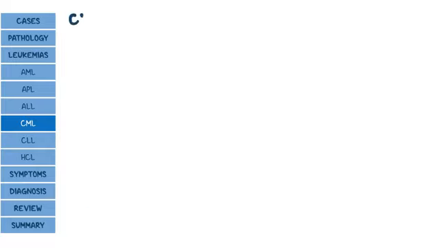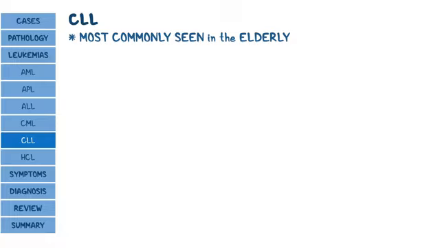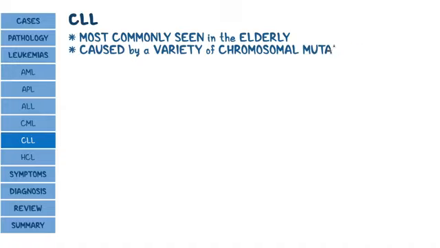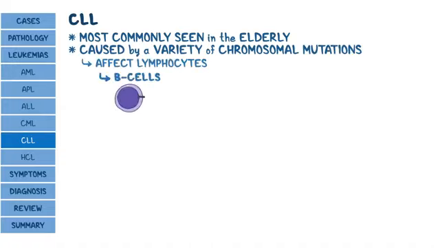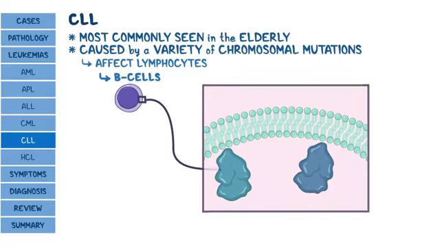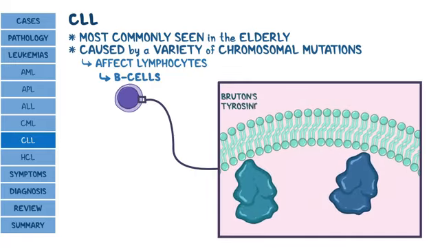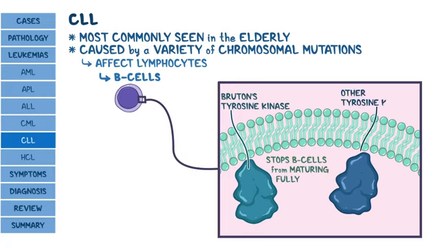On the other hand, CLL, which is most commonly seen in the elderly, is not caused by one particular mutation, but it can result from a variety of chromosomal mutations that affect lymphocytes, in particular B cells. Mutations in the genes that code for Bruton's tyrosine kinase, for example, is probably what stops B cells from maturing fully, and similar interference with other tyrosine kinases prevents cell apoptosis.